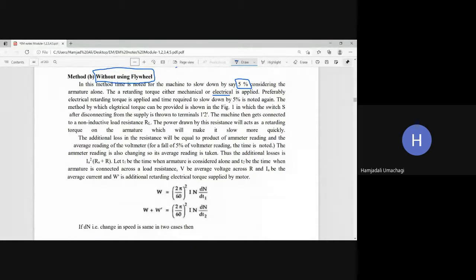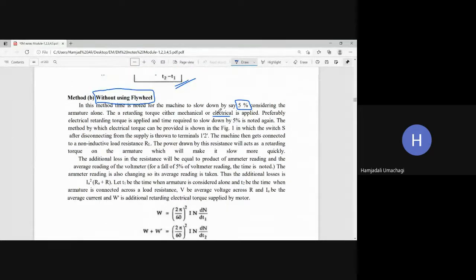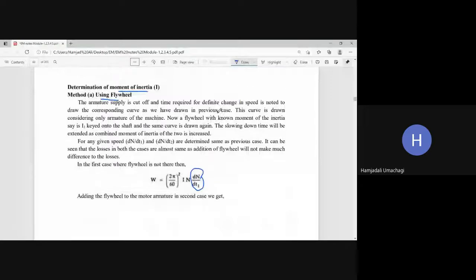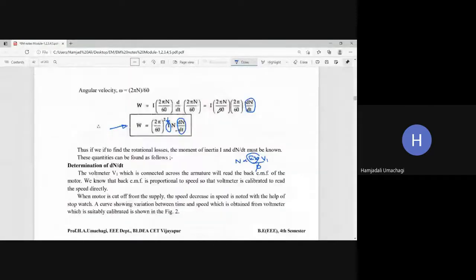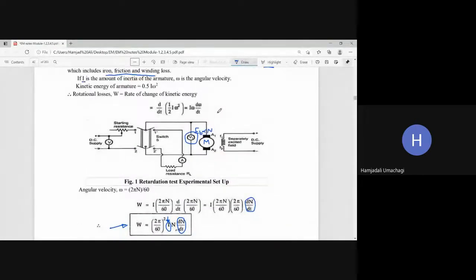The method by which electrical torque can be provided is shown in figure dot 1. So this is figure dot 1, where, as I told you in the beginning, there is a switch which can be thrown to either side.